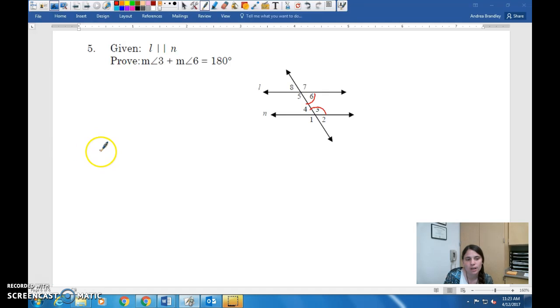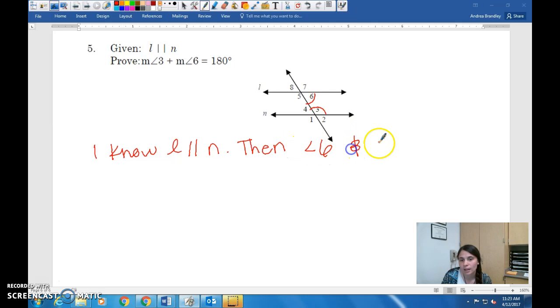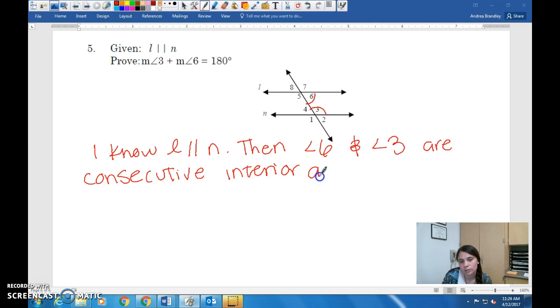So starting with that, I say, okay, I know L is parallel to N. Then if I know that, angle 6 and angle 3 are consecutive interior angles. What do I know about consecutive interior angles?